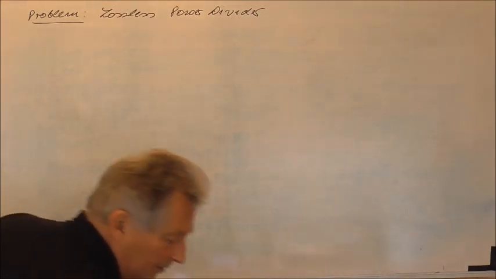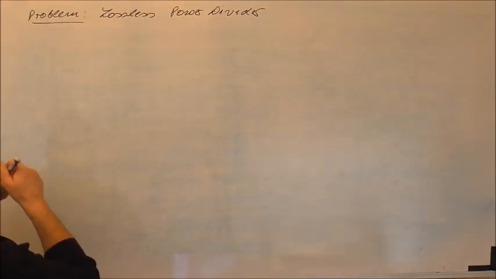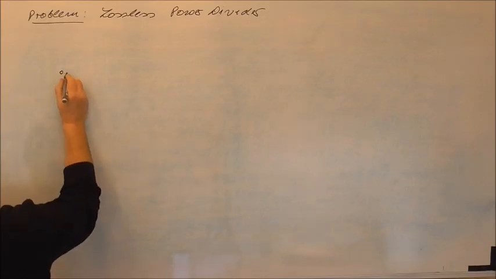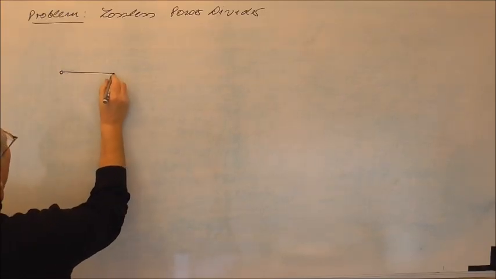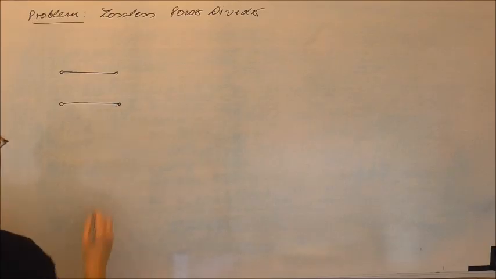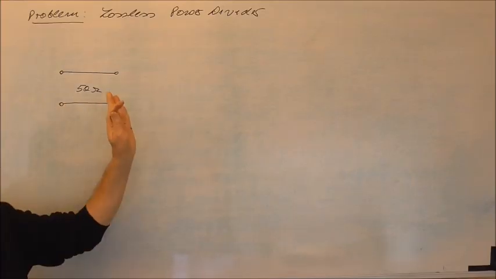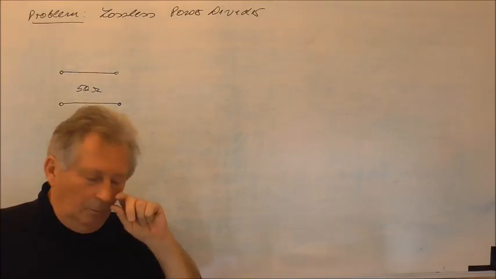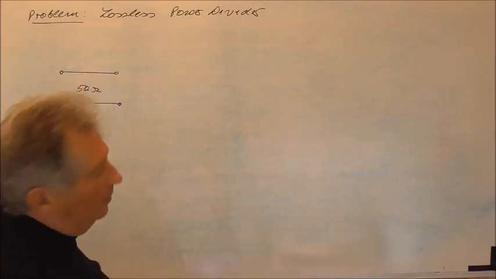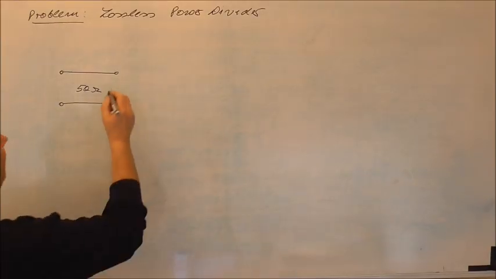We would have here a transmission line of 50 ohm. I just write here the characteristic impedance 50 ohm, but I will assume that the length is almost negligible, so it's a very short transmission line.